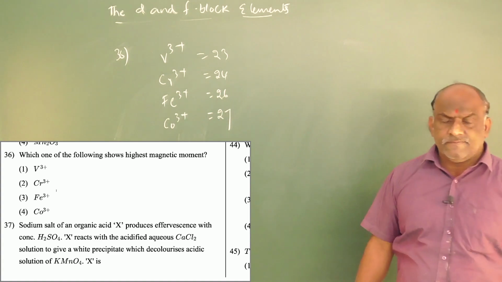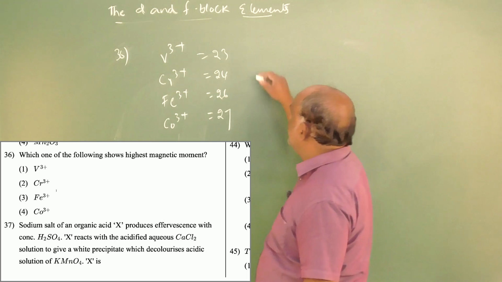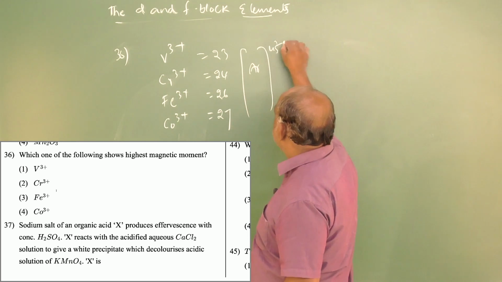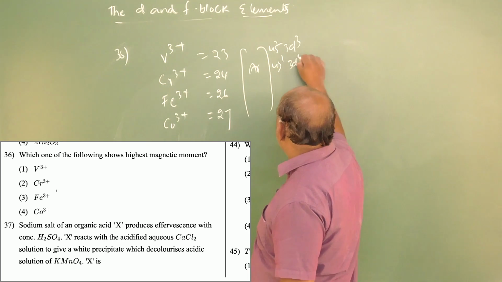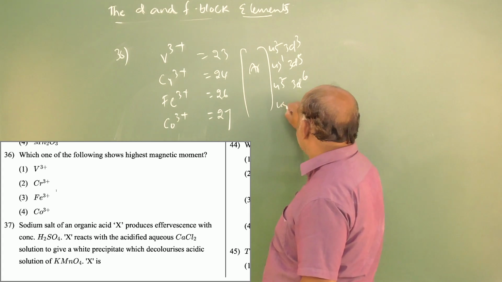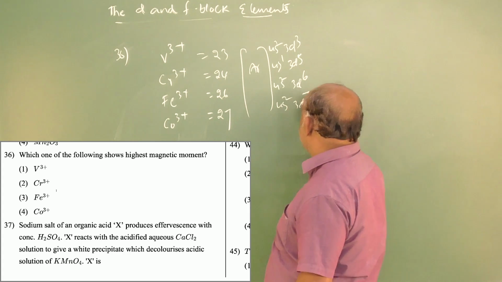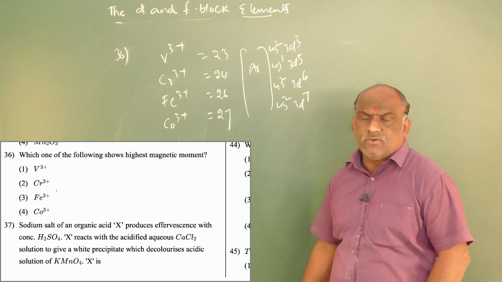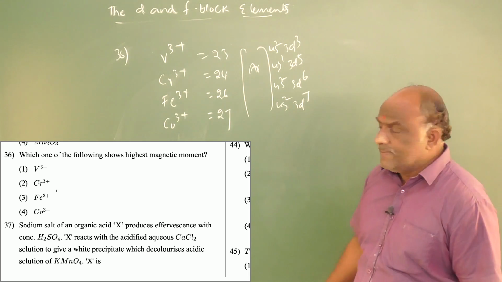We know the electronic configurations. Argon is common for all: 4s2 3d3, 4s1 3d5, 4s2 3d6, 4s2 3d7. These are the electronic configurations of vanadium, chromium, iron, cobalt.